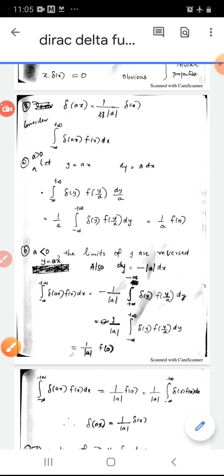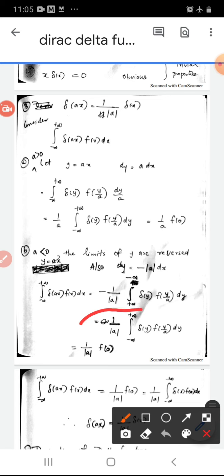So we have 1 by modulus of a integral minus infinity to plus infinity delta y f of y by a dy, and this term is equal to f of 0. So we will get 1 by modulus of a f of 0.